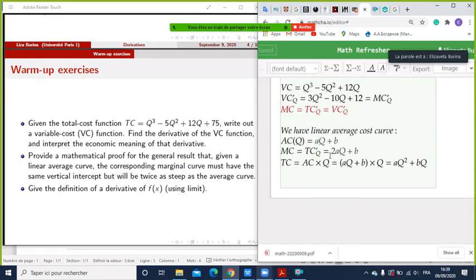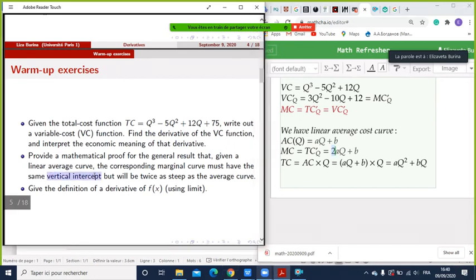So if we want to know by how much is our average cost increasing, if we increase Q by 1, well, we always have A. So here the slope is A, and here the slope is 2A. That is how we just proved that the corresponding marginal curve must have the same vertical intercept, but it will be twice as steep.